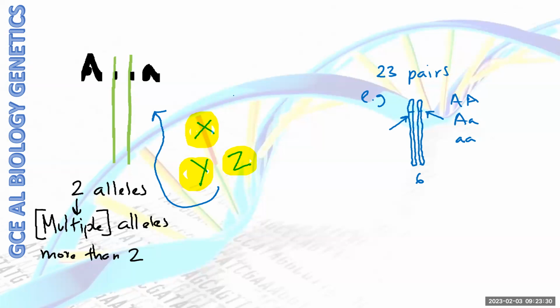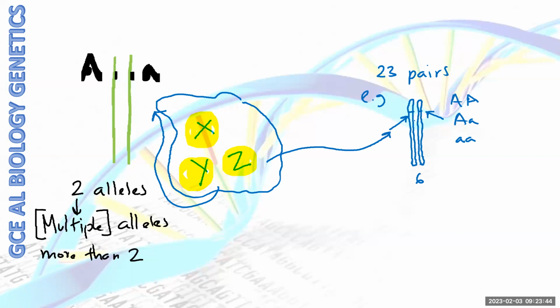Now, in the human population, if we take the whole population, there are 3 alleles which prefer to stay in this position. We can still keep the same rule: only 2 can come at a time.